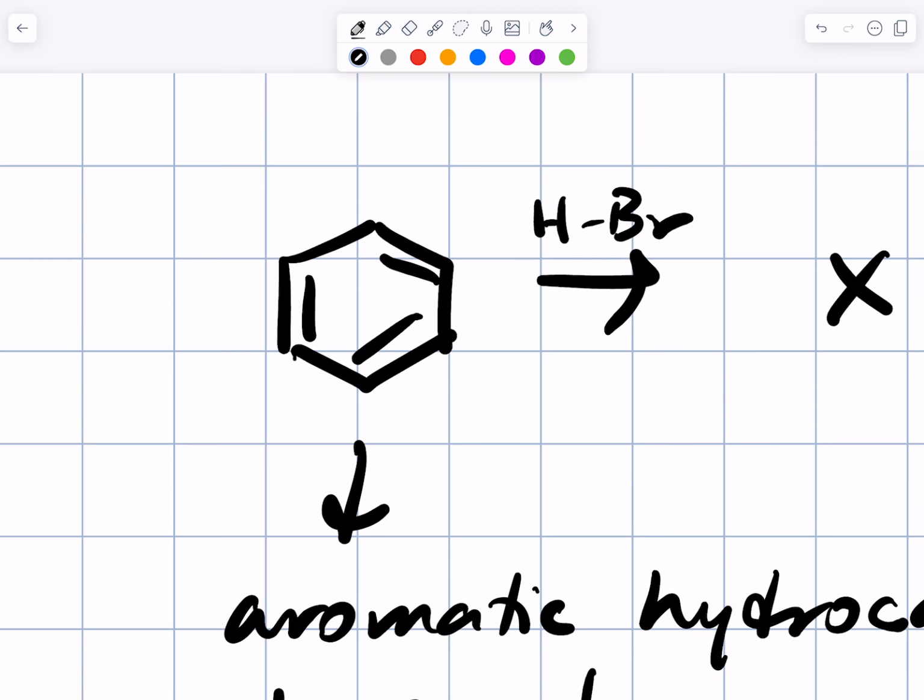Each carbon atom in benzene is sp2 hybridized, trigonal planar, and on each benzene atom is a p orbital.